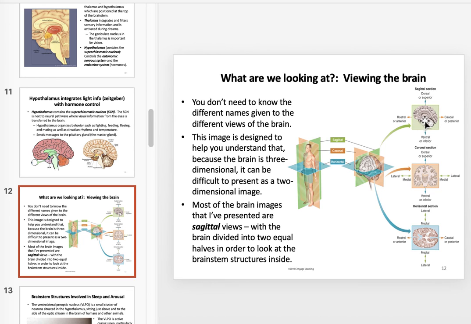And then the ventral view goes down and is if I took your jaw out, I'm not going to do it because I'm not that kind of person, but if I took your jaw out and looked at the underside of your brain, that's the ventral view. So once again, we're mostly looking at mid-sagittal views because they help us see that midbrain and pons and brain stem and medulla structures.